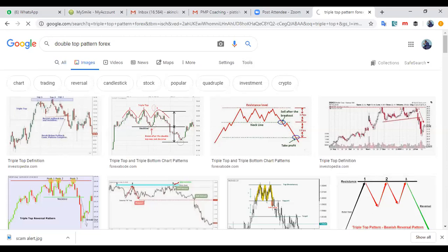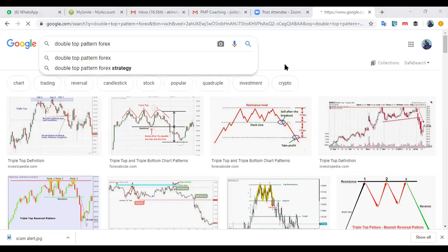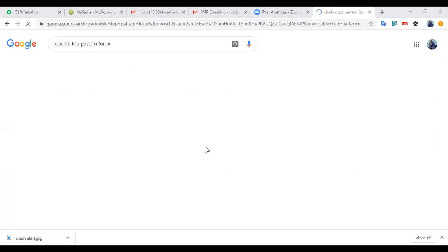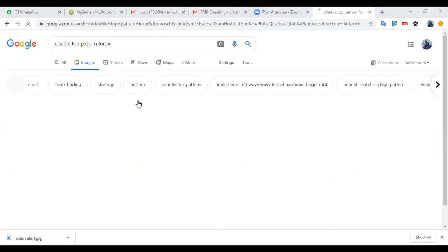The ones with high probability, those are the ones we're going to be dealing with tonight. So the double top, let me quickly work it up again.